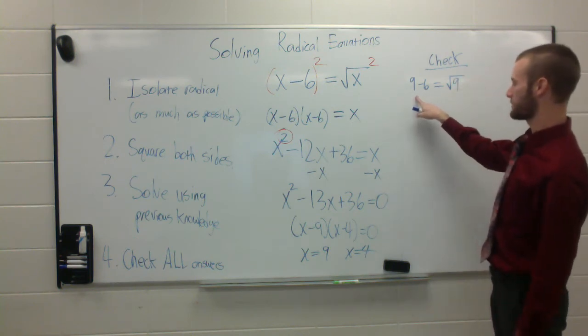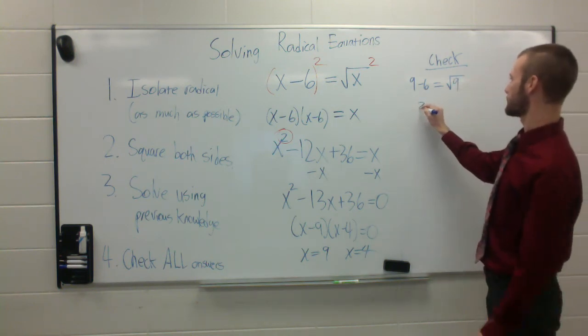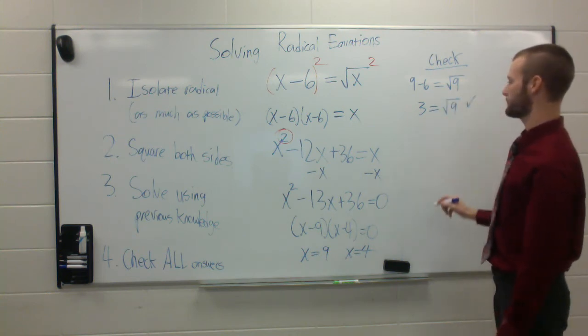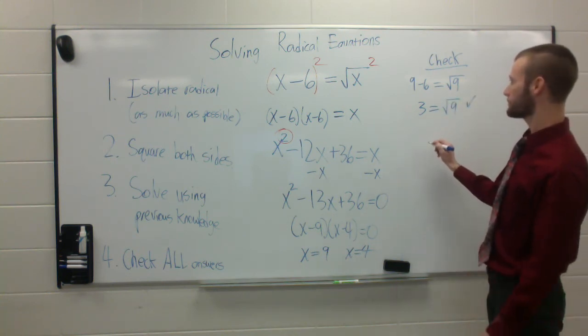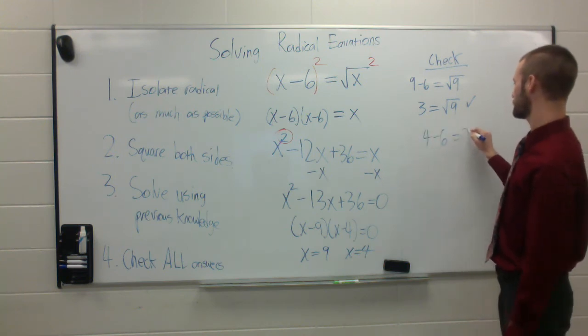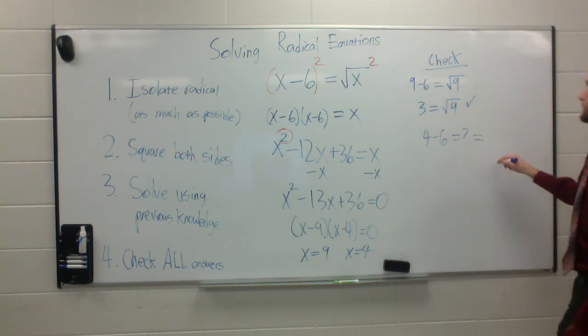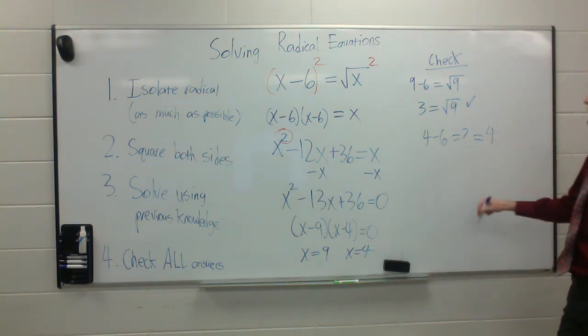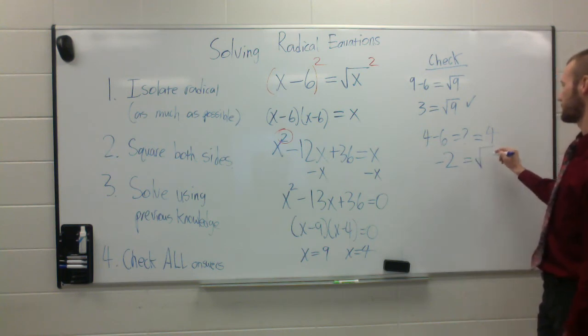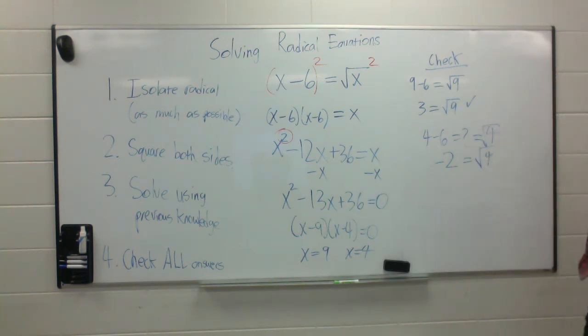We're plugging in 9 for all of the x's. So 3 equals the square root of 9. That works. The other one, 4 minus 6 equals the square root of 4. Negative 2 equals the square root of 4.